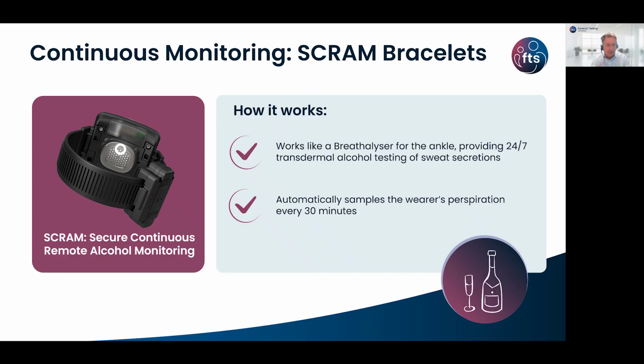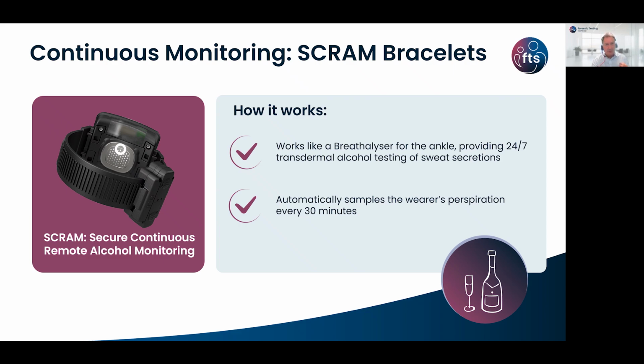So it will continuously take a reading, and if it works off a cutoff, a bit like a breathalyzer does, it will show you that no alcohol above the cutoff has been consumed. You can consume relatively low volumes of alcohol relatively frequently to stay below the cutoff level. So in a lot of cases, if you're trying to establish complete abstinence, it might not give you what you're looking for.